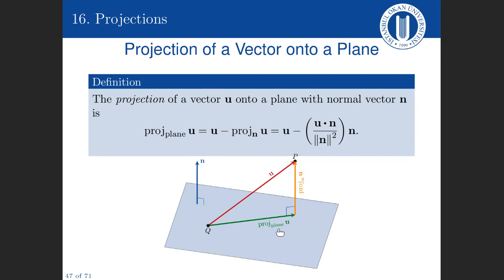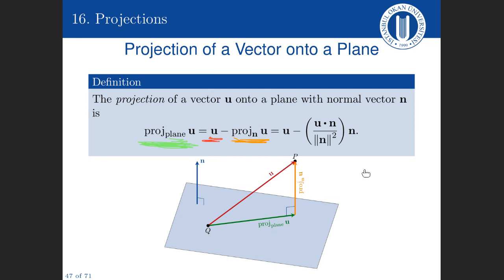And we can see from this picture, the green vector, perhaps I can use some colors. Yes. This green vector is equal to the red vector u minus the orange vector. Or to say this another way, green vector plus orange vector is equal to red vector.